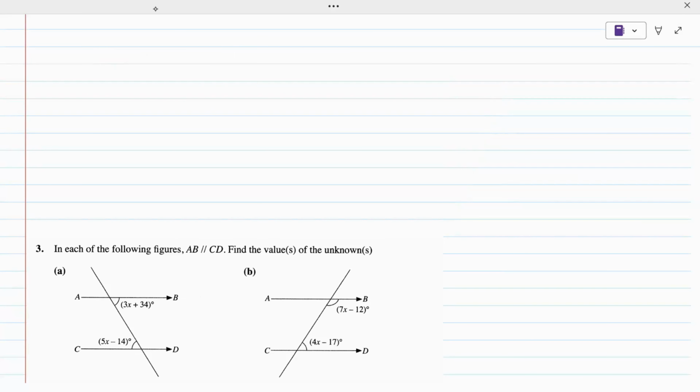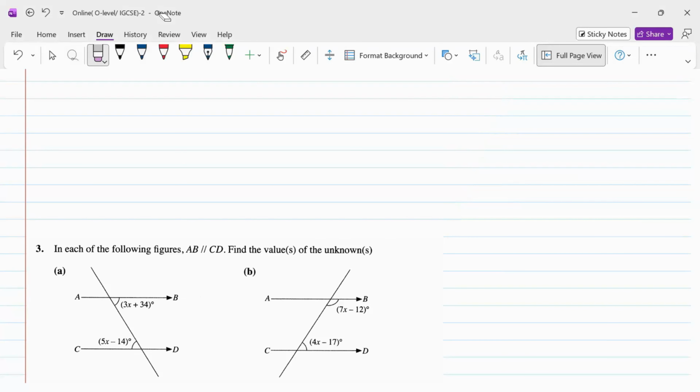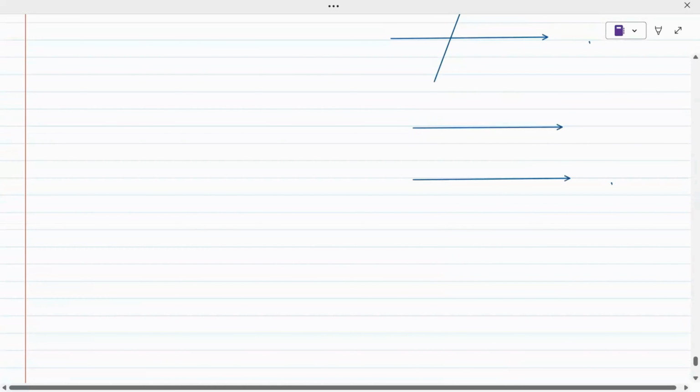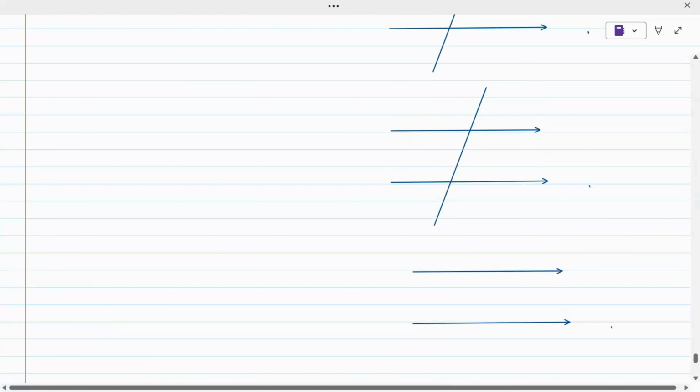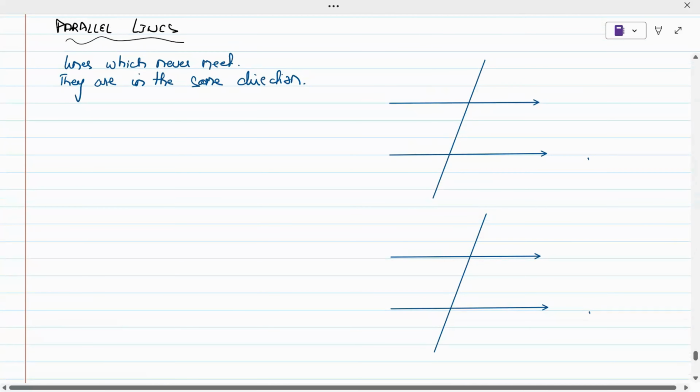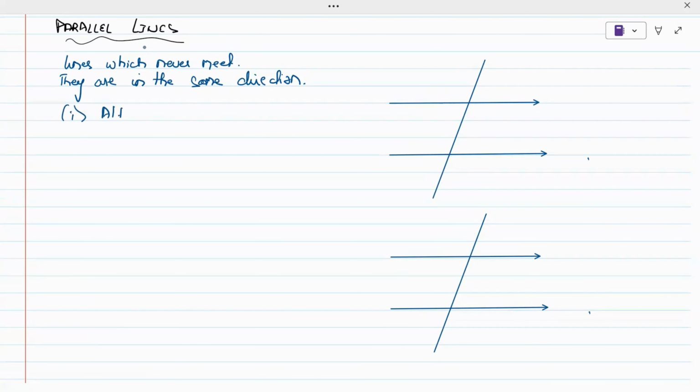When we have two parallel lines and a third line cuts them, the first property about parallel lines is called the alternate angles.